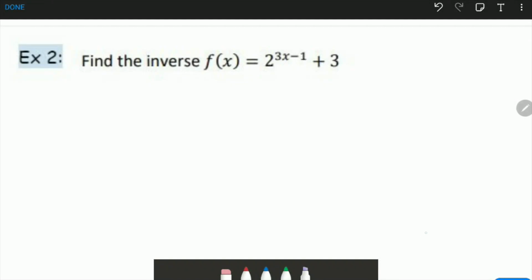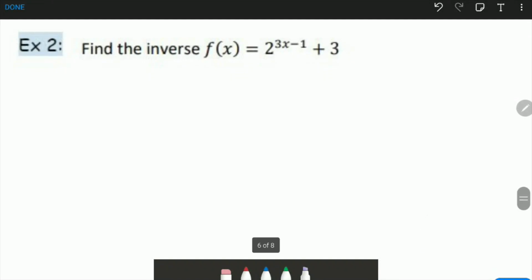So in this next example, we're going to be finding the inverse of f of x equals 2 to the power of 3x minus 1, and then after the exponent, we have a plus 3. So remember that f of x means y equals, or specifically y. So when we start finding the inverse, we're going to switch x and y.